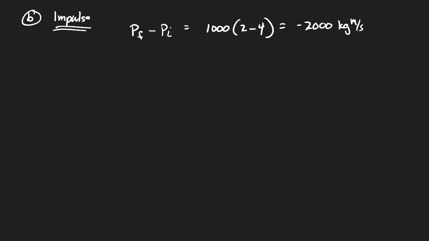Now, it should be obvious that the other car experienced a 2,000 kilogram meter per second impulse. That's positive. If the net change in momentum is 0, if one car experienced a negative impulse, the other one had to experience an equal and opposite positive impulse.